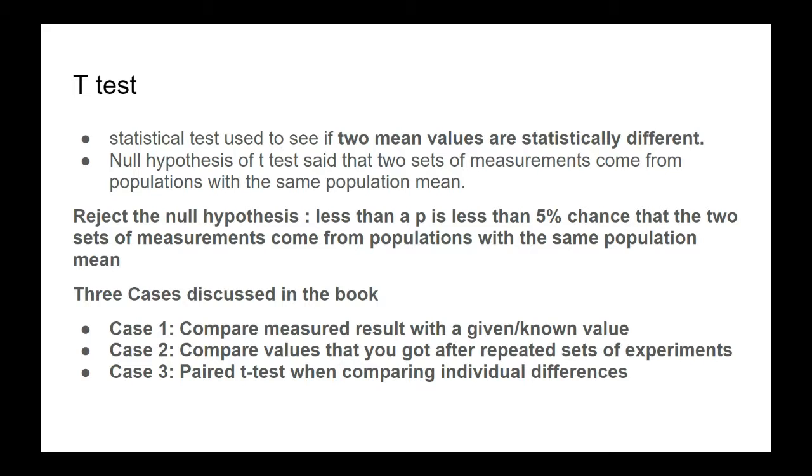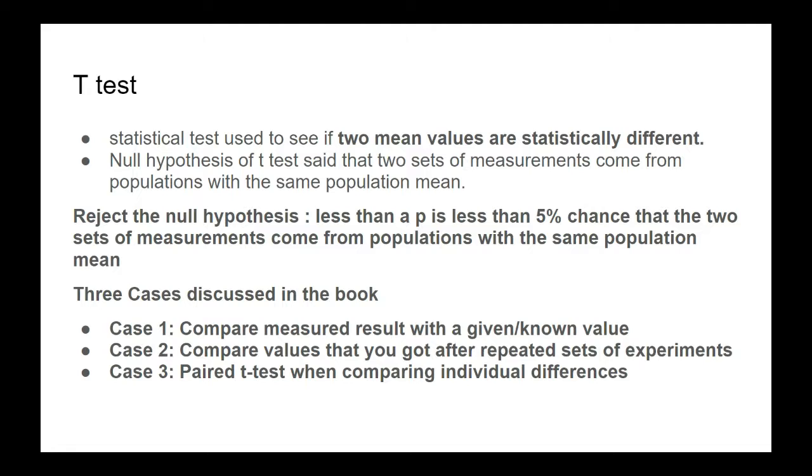Another thing to remember is that when you're rejecting a null hypothesis, if the p value is less than 5%, it means the chance that the two sets of measurements come from the same population mean is small.